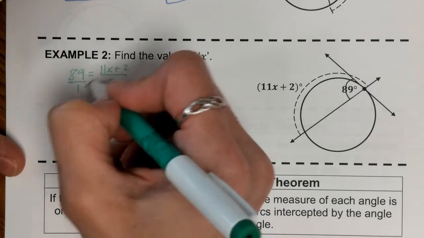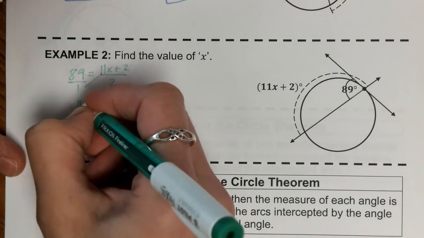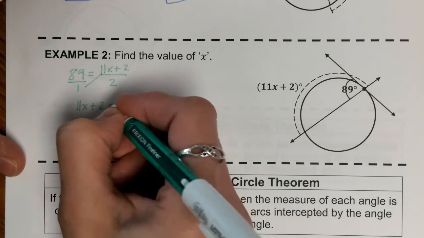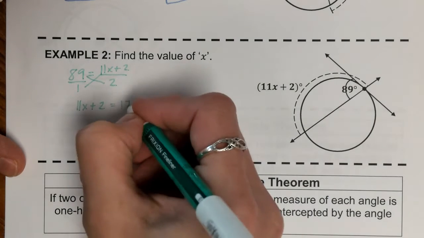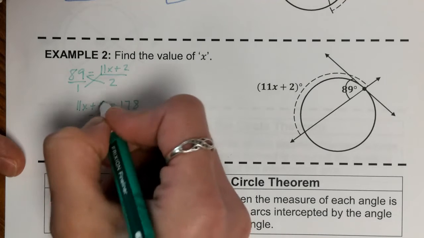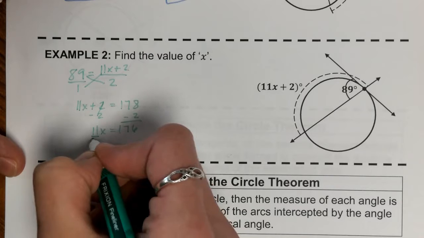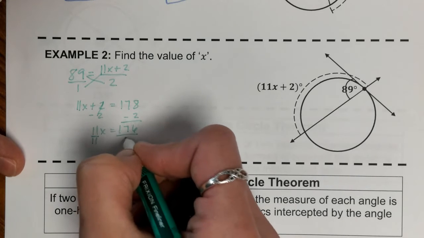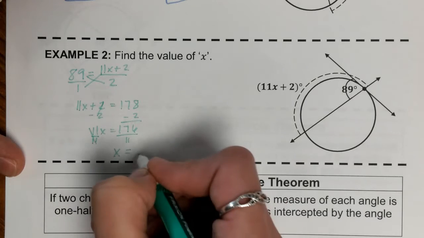When we do our cross product, we only have 1 times 11x plus 2, so simply just 11x plus 2 will all be equal to 89 times 2, which is going to give us 178. So we just go through our steps of solving for our variable. We should be really, really good at that by now. After our subtraction and our division, we're going to find out that x is equal to 16.